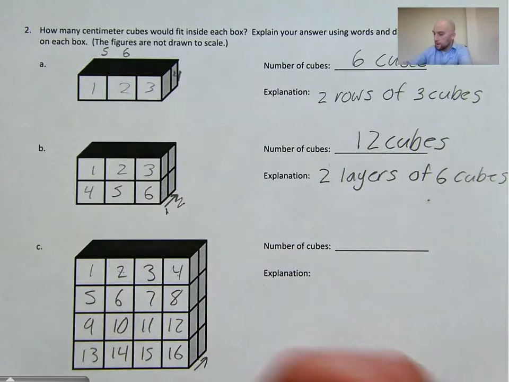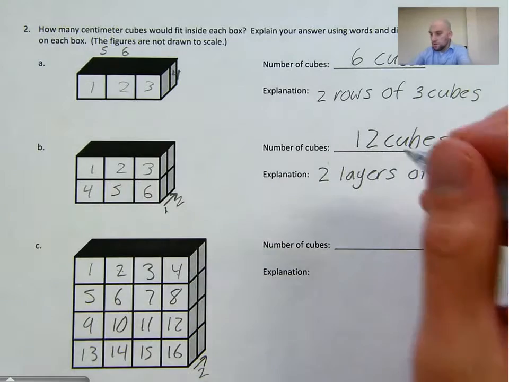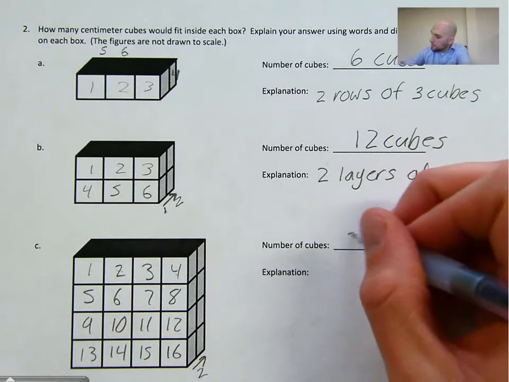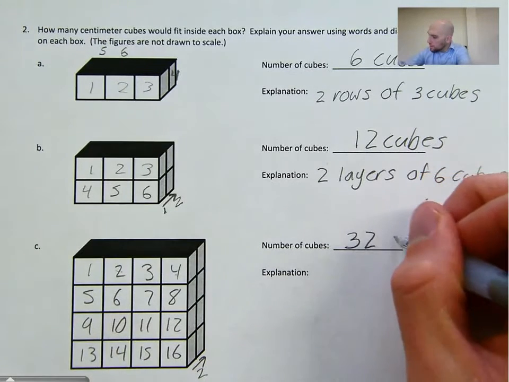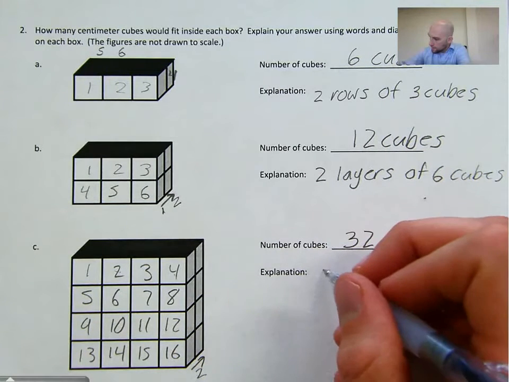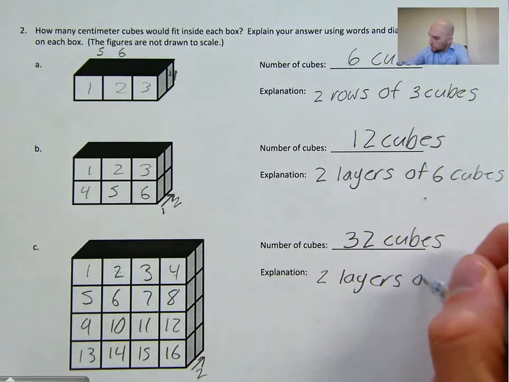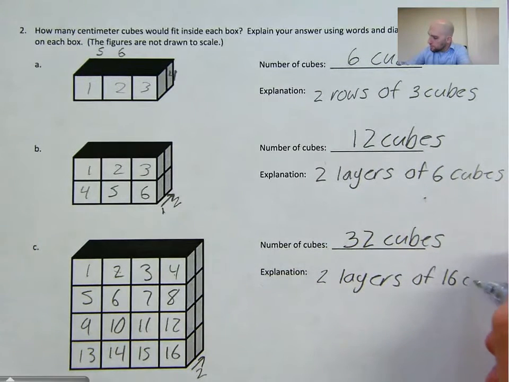We have 2 layers of 16 cubes. This is going to give us 32 cubes altogether. All right, 2 layers of 16 cubes.